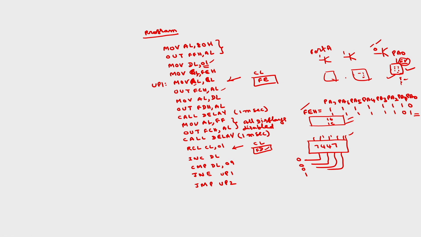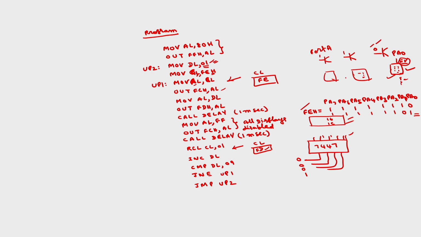So, where should this up 2 be? Up 2 should be where you again take DL with 01, so that the last segment will be selected, and again you take FE to send logic 1 corresponding to the first display. So, up 2 will be here. You see the program continuously displays 1 to 8 on the 8 displays.